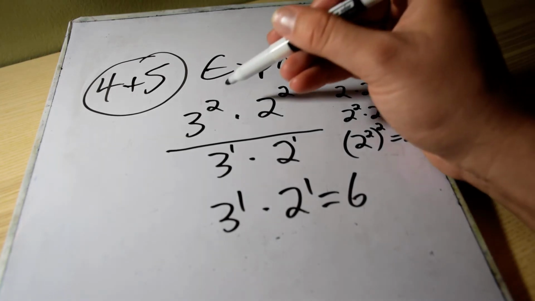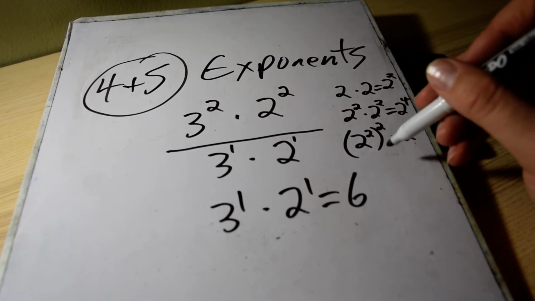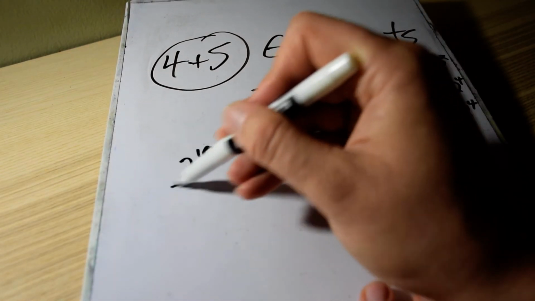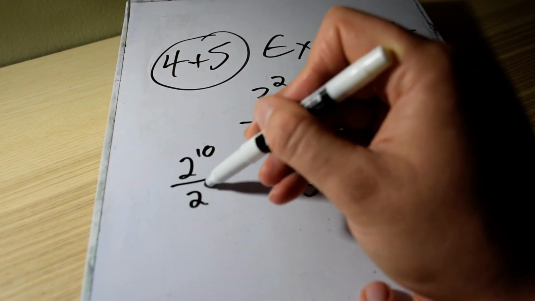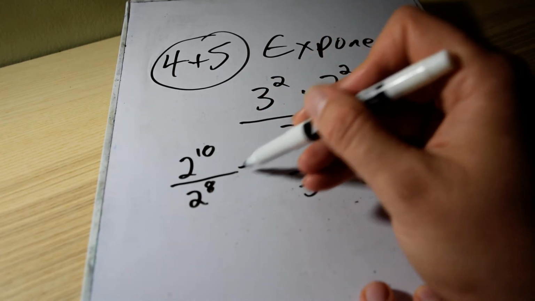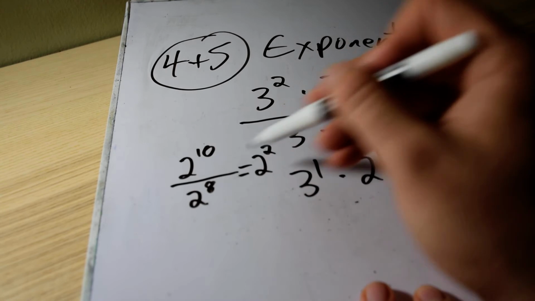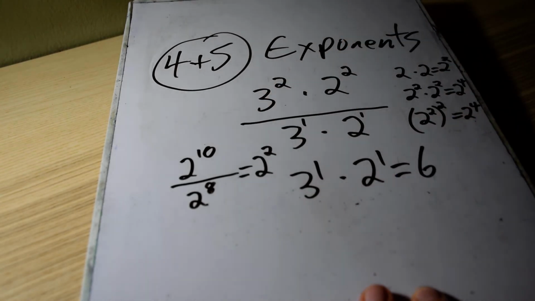So again, when something is divided, let's say 2 to the 10 divided by 2 to the 8, you subtract, and that would give you 2 to the 2. So you subtract those exponents. Those are the rules there.